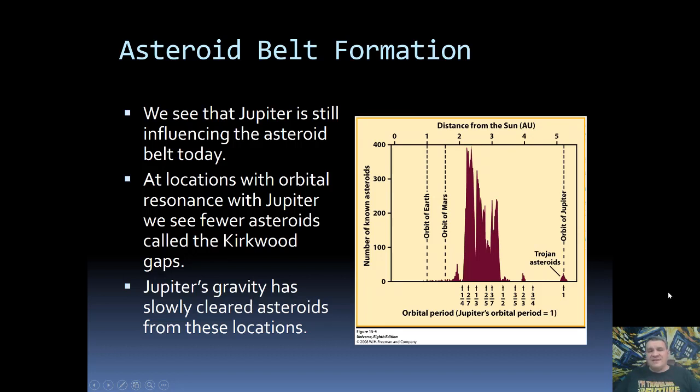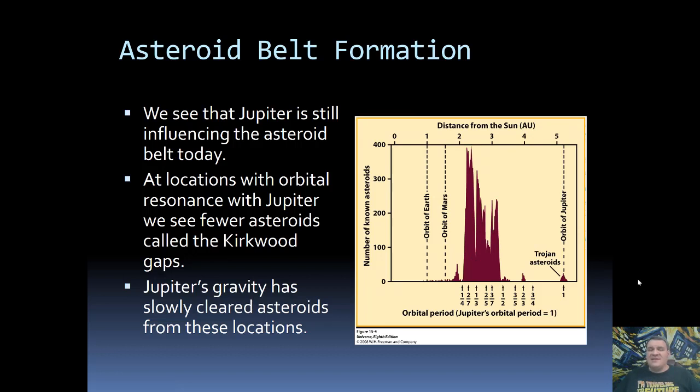An orbital resonance is a region where the material orbiting in this place has an orbit that is an integer number of another object. So for example, right here, this dip, the really big one, has a 1 to 3 orbital resonance, meaning that every time Jupiter has orbited exactly one time, any asteroids in this region will have orbited exactly 3 times.